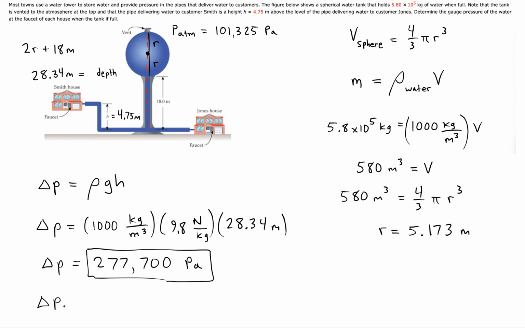Delta P for Smith would only be rho times g times 28.34 meters minus 4.75 meters. I'm basically trying to get the distance from the vent down to the elevation of where the water is going to come out in the Smith house.